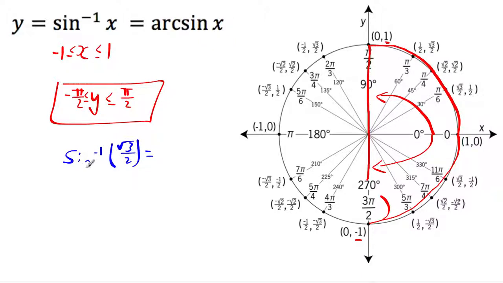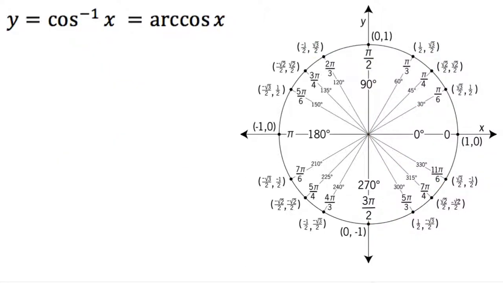It's asking me, where do I get a y value of root 3 over 2? Well, I get them in these two locations. However, I'm only going to include pi over 3 because 2 pi over 3 is outside of this range. I cannot have an answer that's larger than pi over 2. And 2 pi over 3, you can see it's greater than that. So we need to be careful there.